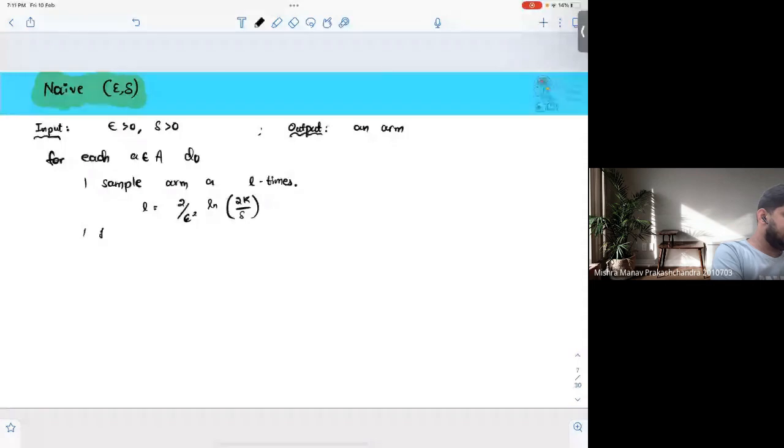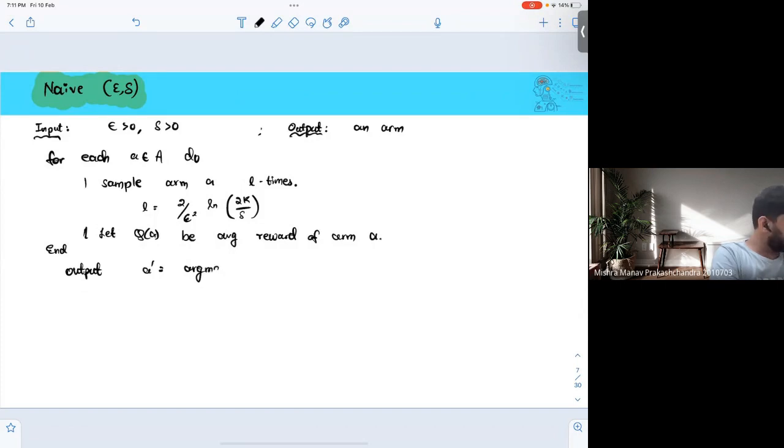Now, after I've done that, let Q of A be the average reward of arm A. And then I end the for loop, and my output is basically A prime is equal to argmax of Q of A.